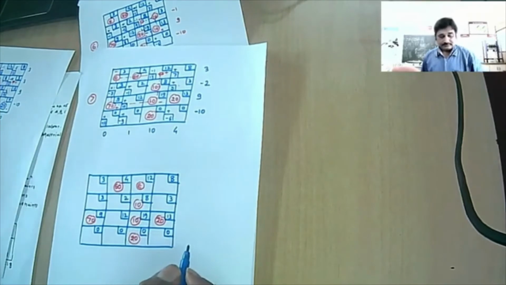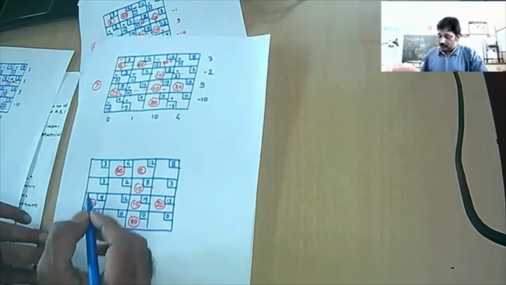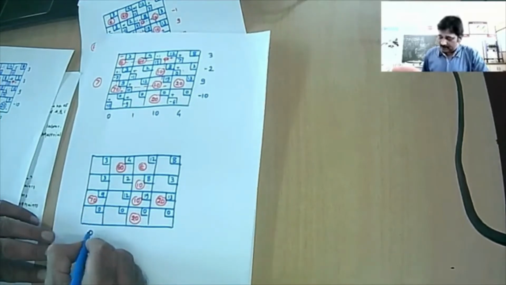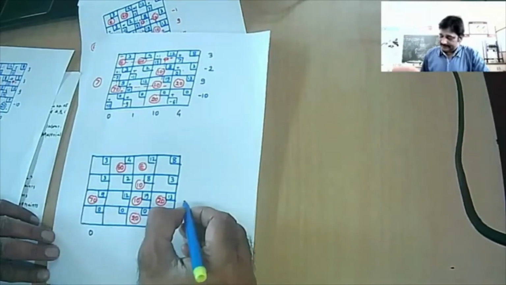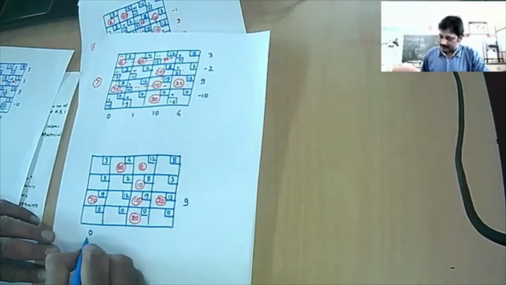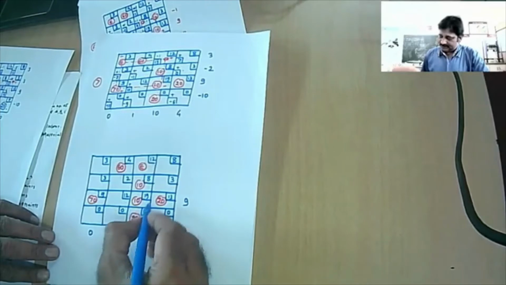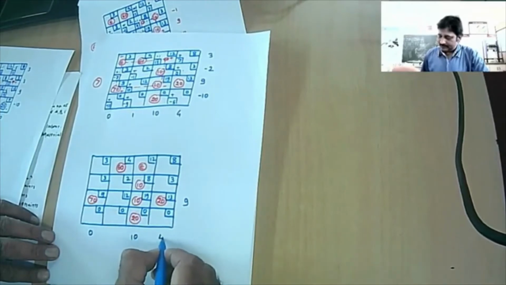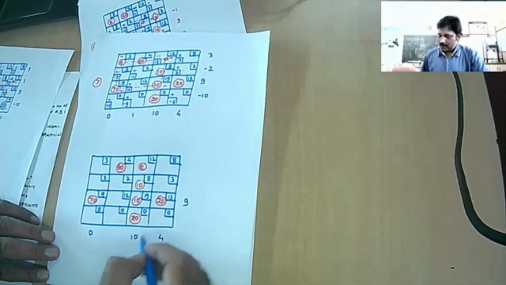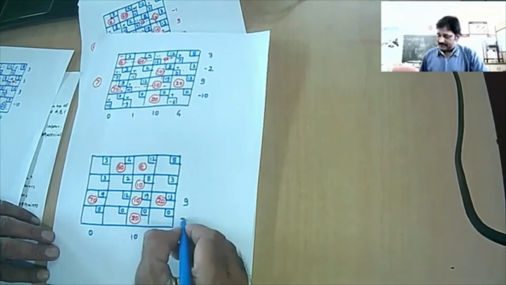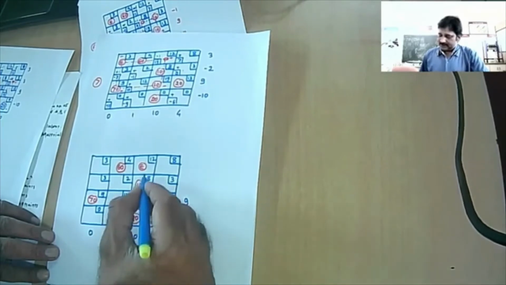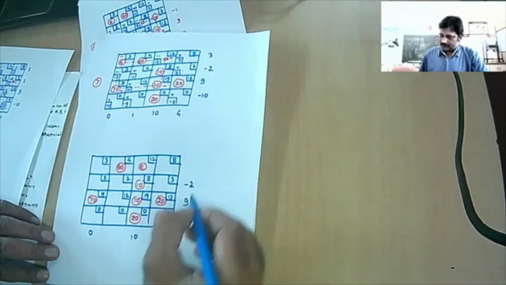All right. So now you find out the row numbers and column numbers. Here it is 0, then 9, and because of this 9 I get 10 here and 4 here. 13 minus 9 is 4, and because of this 10 I get minus 10 here, then 8 minus 10, minus 2 here.